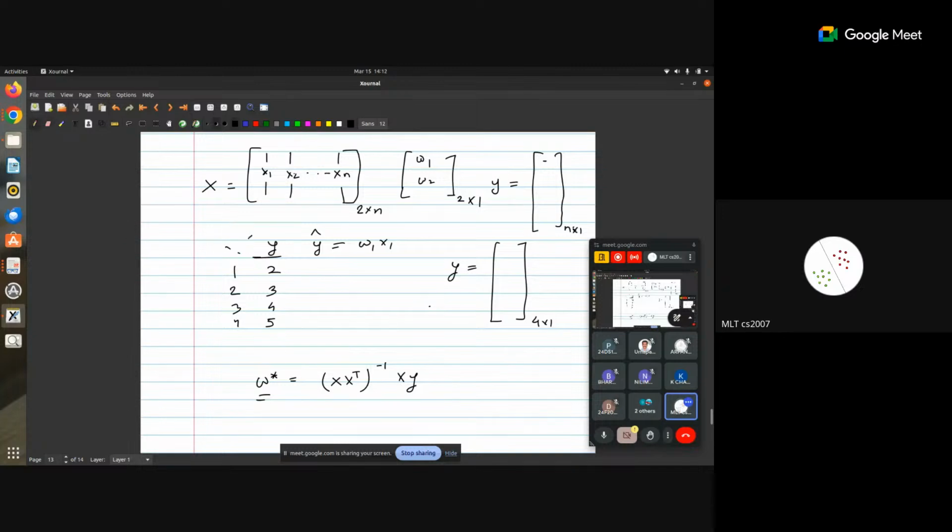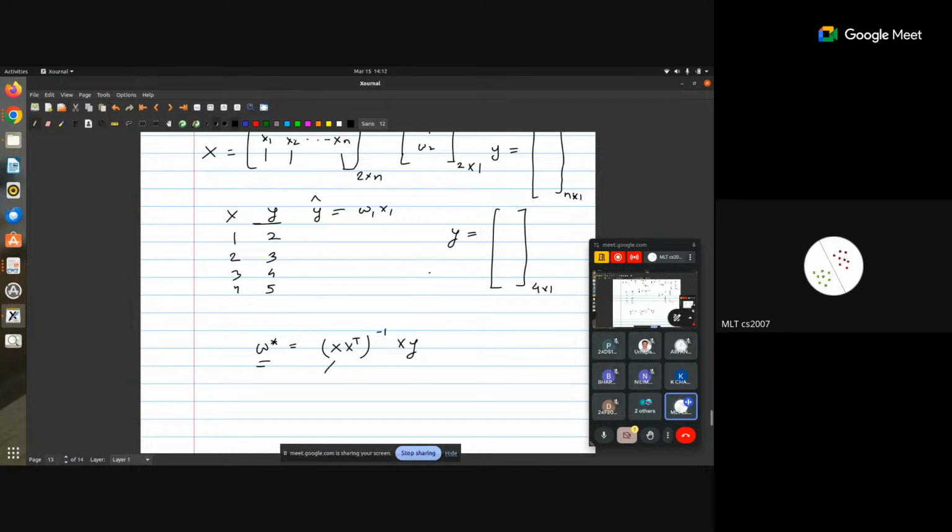What is the solution here? Okay, this x will be what? X will look like 1 2 3 4 like this, or will it look like the vector like this?